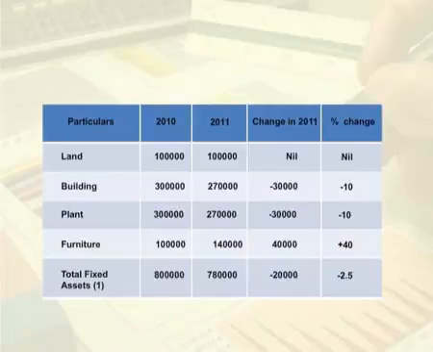The total fixed assets have decreased by 2.5%. This can be mainly attributed to the depreciation of 10% charged to building and plant each. Though there is a 40% increase in furniture due to new purchase, yet the overall impact is a decrease in fixed assets.